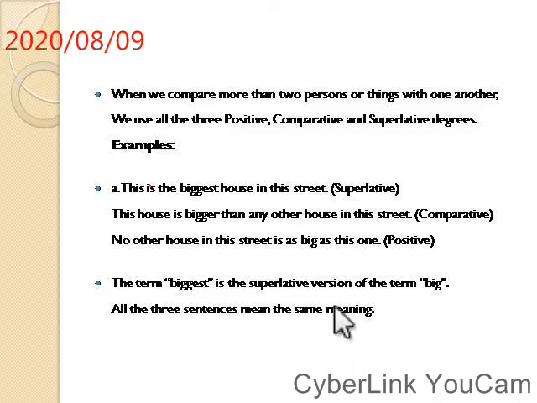The term biggest is the superlative version of the term big, and the three sentences mean the same. The meaning does not change though the sentence structure and comparative style changes. Degrees of comparison change, sentence pattern changes, but meaning does not change.